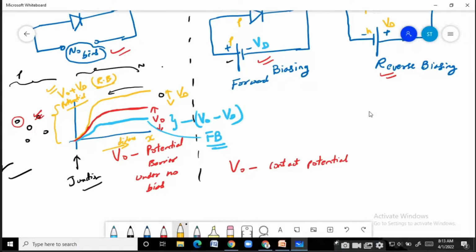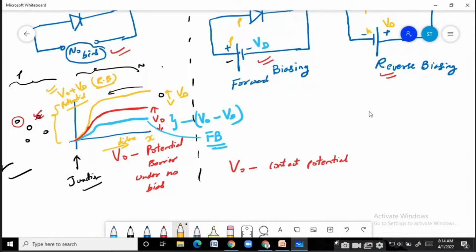But at the same time, when you increase this barrier, this actually means that for the minority charges that are existing in the p or the n region, this is assisting their movement.